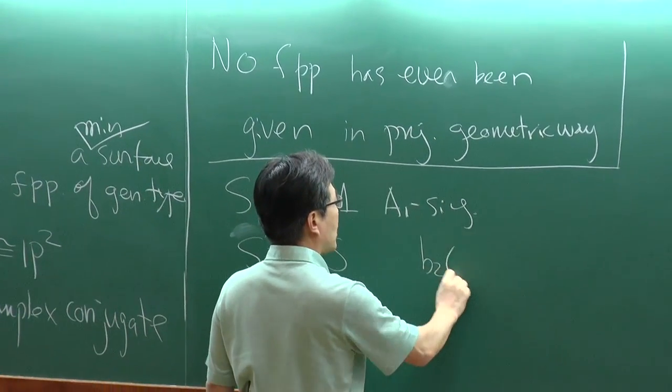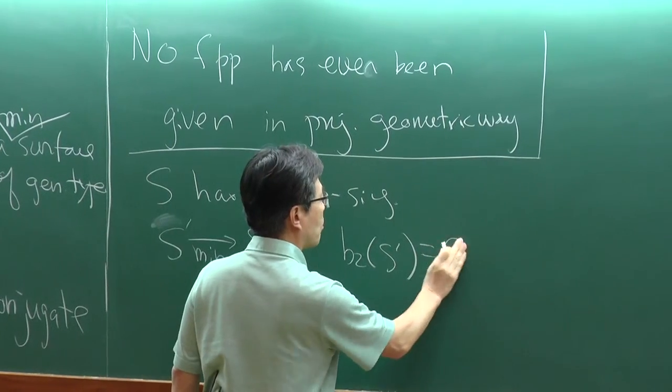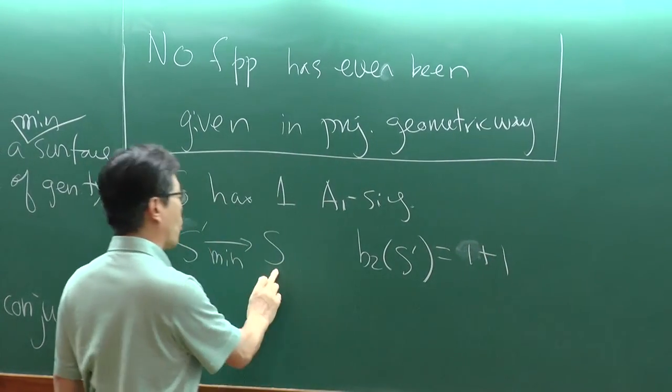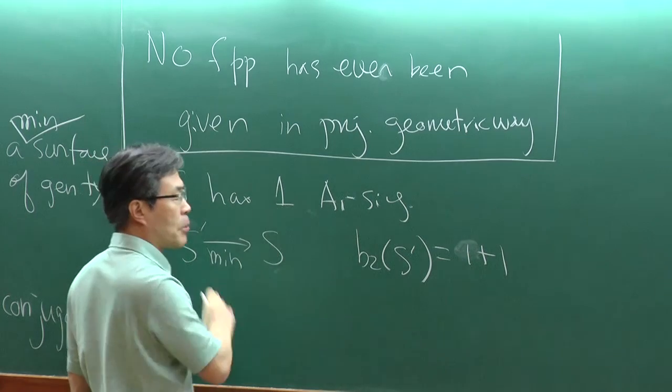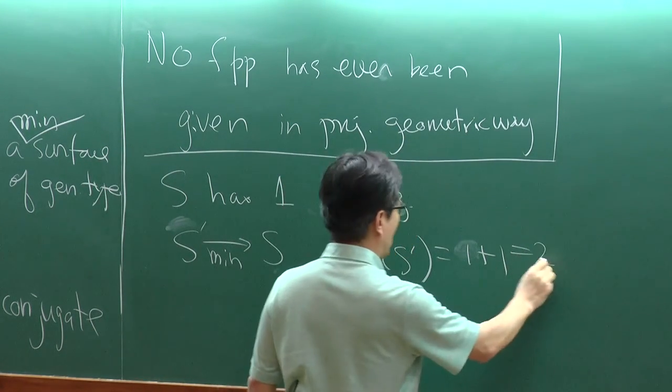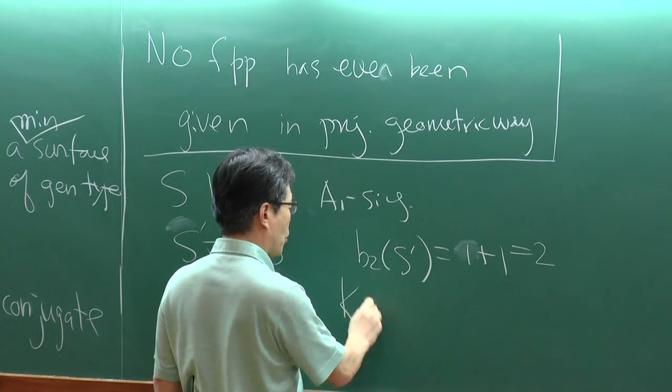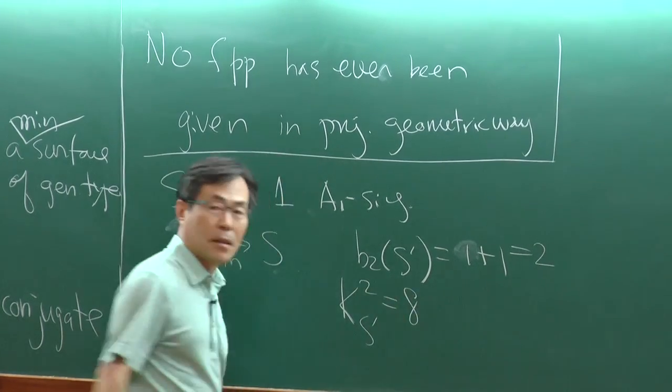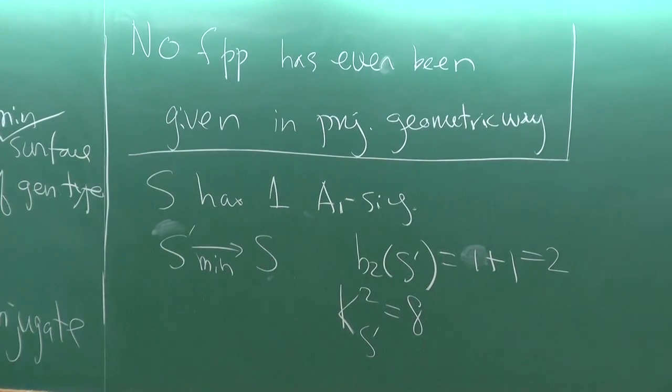Then the second Betti number of S prime is equal to 2, 1 plus 1, here 1, so you have one exceptional curve. So this is 2. So K_S prime squared is equal to 8 by Noether's formula.